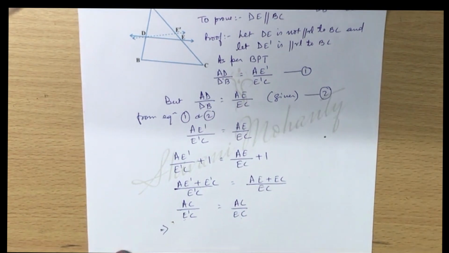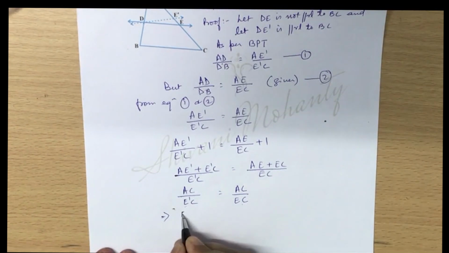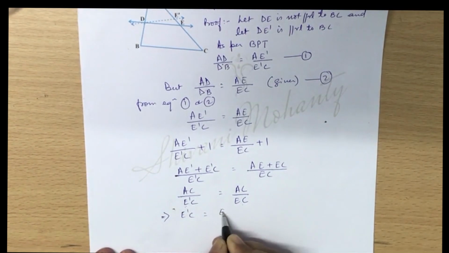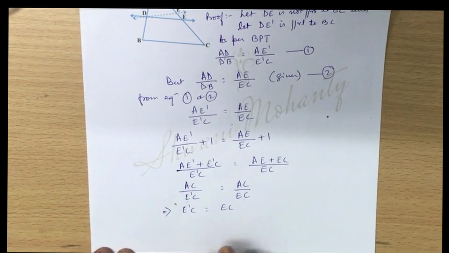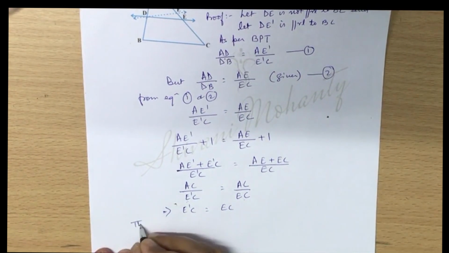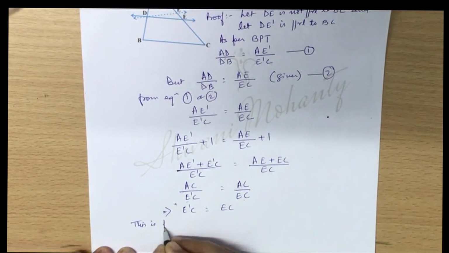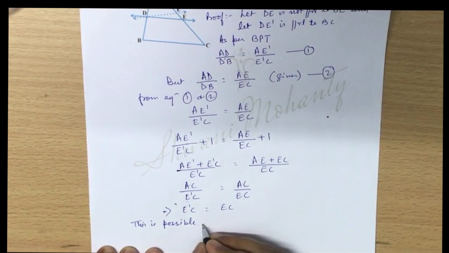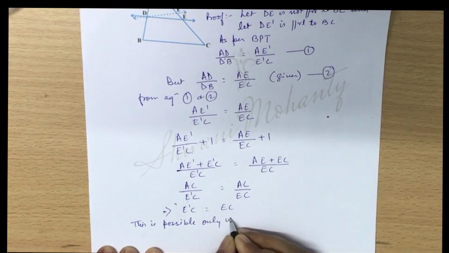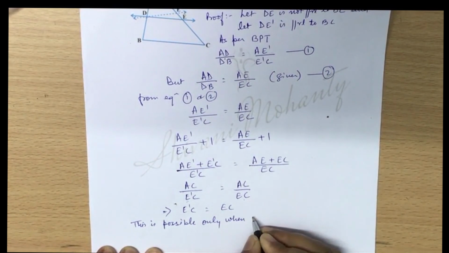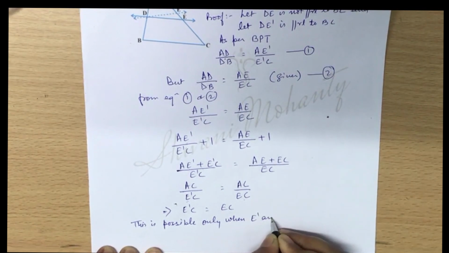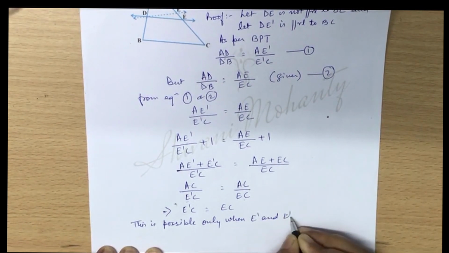This implies that E dash C is equal to EC. This is possible only when E dash and E coincide.